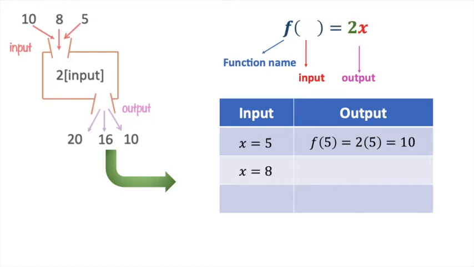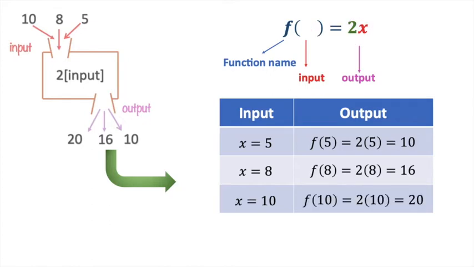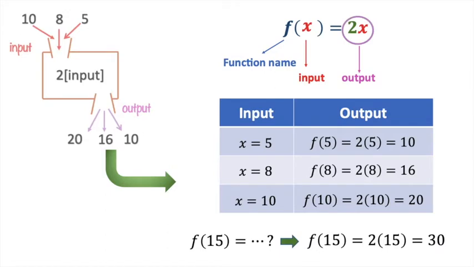When the input is 8, using the same way, we will get the output of 16. When the input is 10, we will get the output of 20. And how about f of 15? It's easy. f of 15 is equal to 2 times 15 is equal to 30.